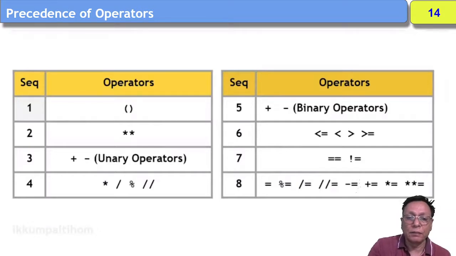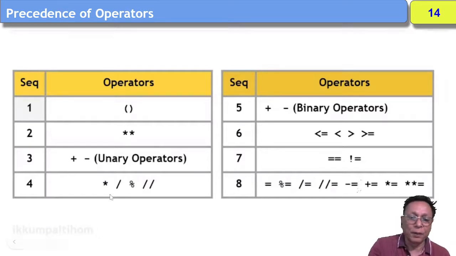The next priority is multiplication, division, modulo, and floor division, where this is the multiplication sign, division sign, modulo sign, or floor division. These four operators are on the same precedence. It means if these operators appear in the expression one after the other, whichever comes first will be executed first.